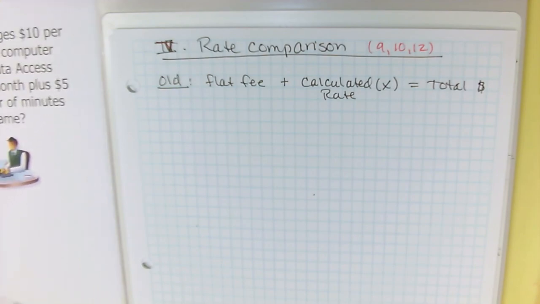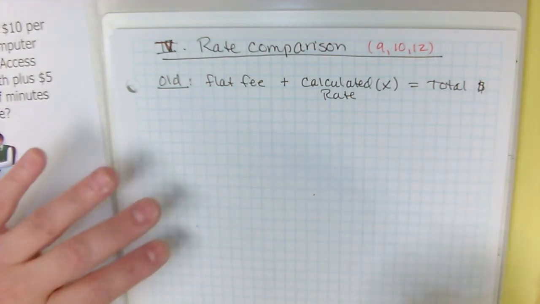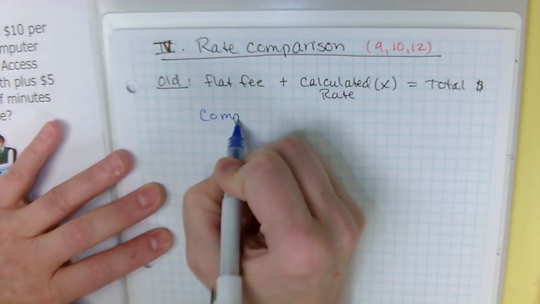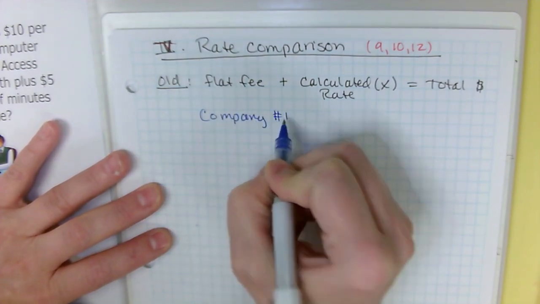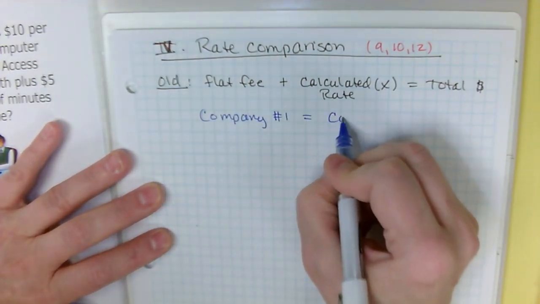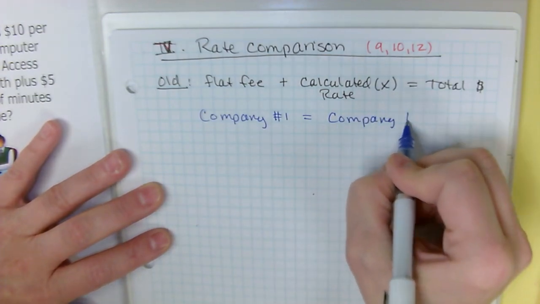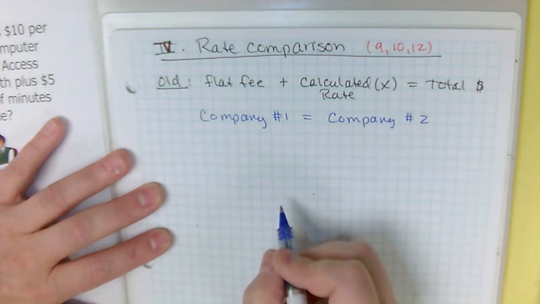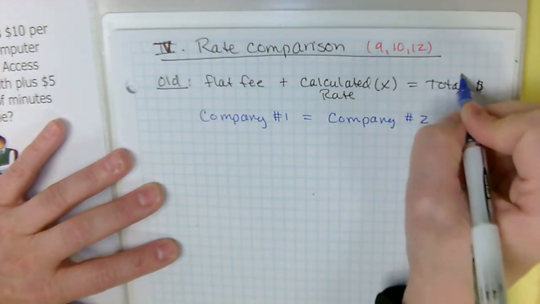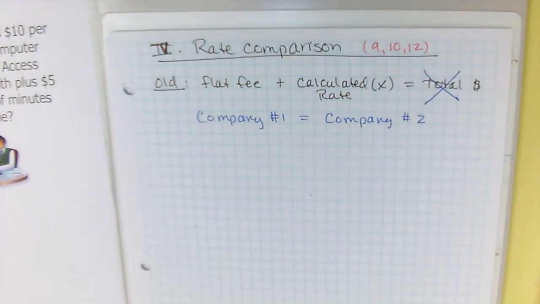So we're actually going to use the same pattern. The only difference is you're going to put company number 1 on the left equal to company number 2 on the right. And you're going to take out that total number.